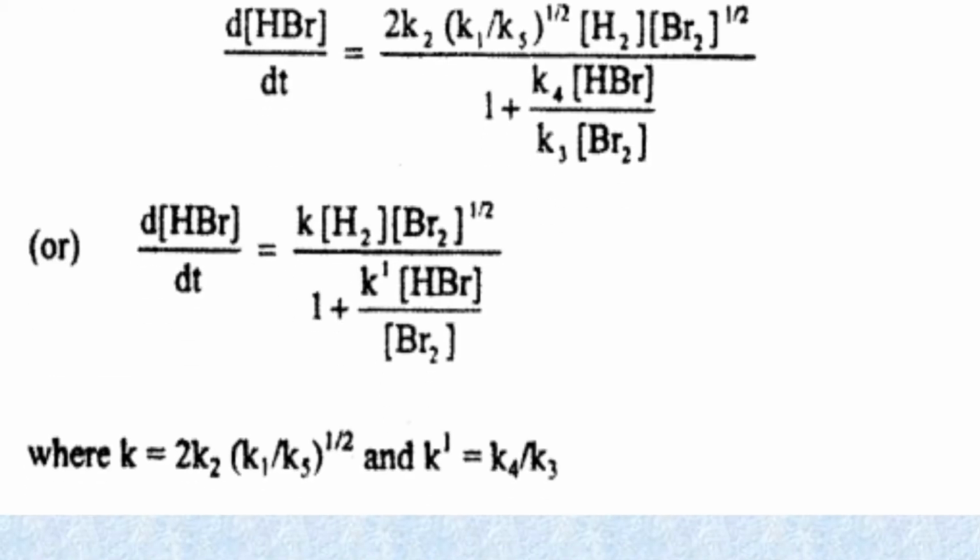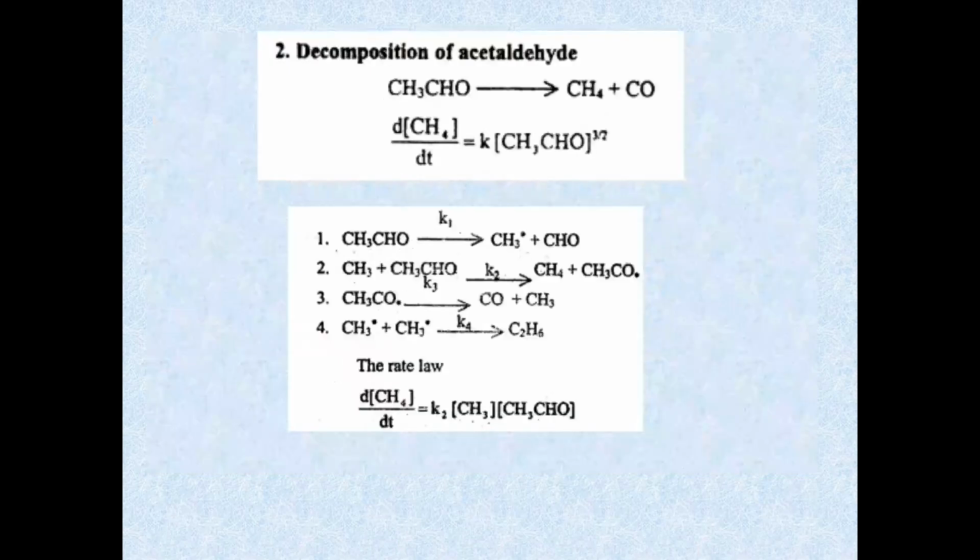Here k = 2k2 (k1/k5)^(1/2), and k' = k4/k3.